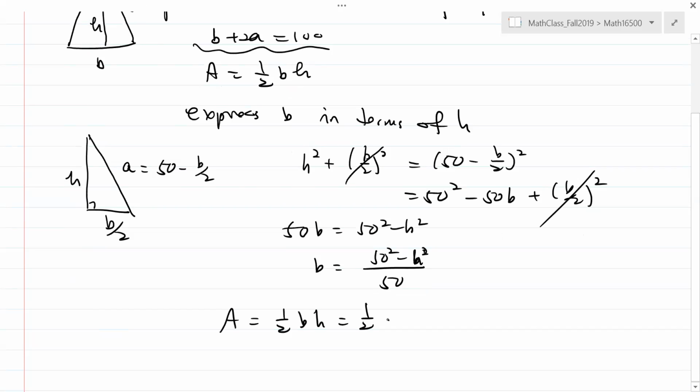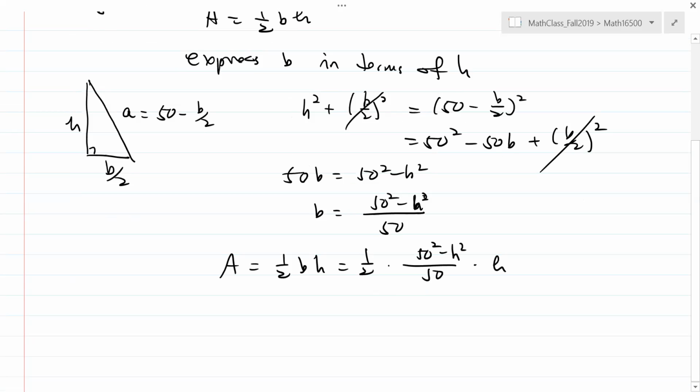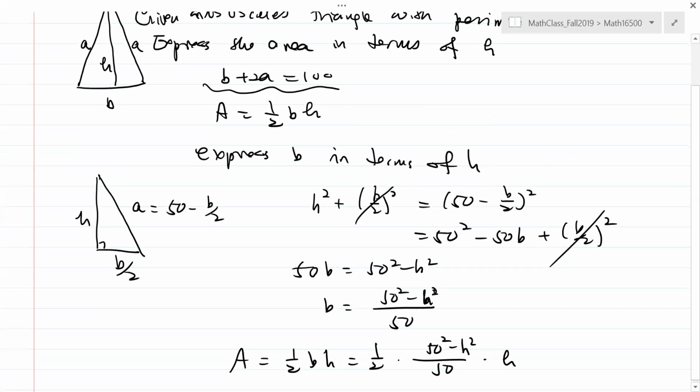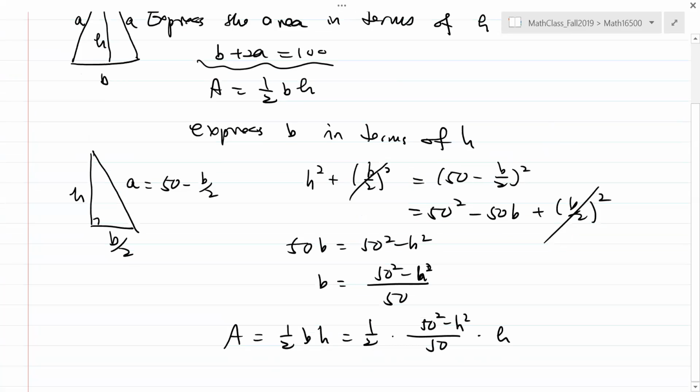What is b? b is (50 squared minus h squared) over 50, and h. Surprise? It's a polynomial. We just apply the Pythagorean theorem to this triangle and the area formula. Then, if you have to minimize this function, this is a polynomial of degree 3.